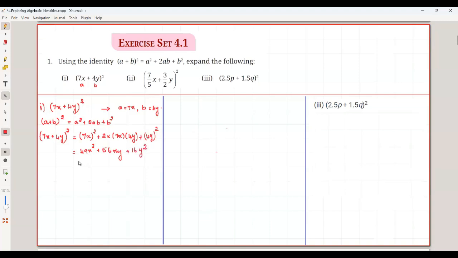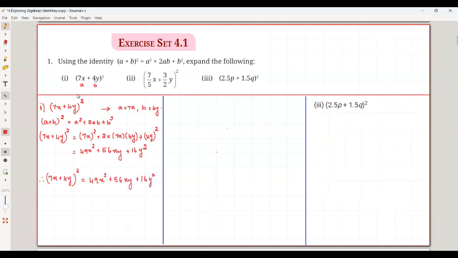So the answer is 49x square plus 56xy plus 16y square. Therefore, 7x plus 4y the whole square is equal to, we can write the final answer, 49x square plus 56xy plus 16y square.